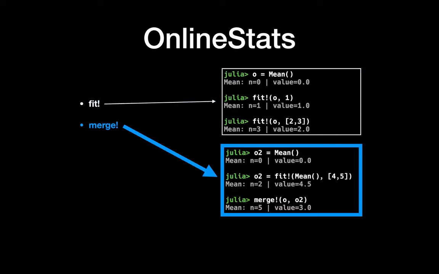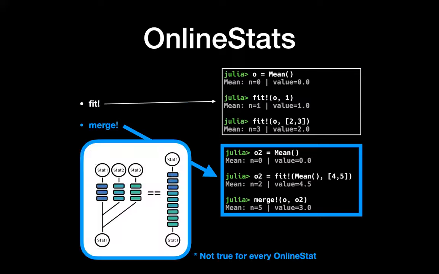And then we can also merge different stats together, or I guess we can merge the same stat together. If I create a separate Mean object and I update that Mean object with other data, I can now merge those two means into one thing. That's basically the parallel computing aspect of this, because we can alternate between fitting and merging statistics.